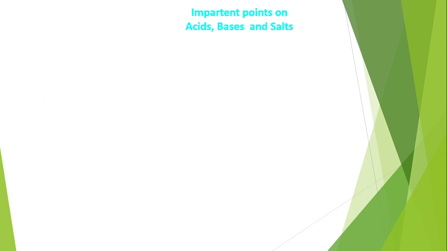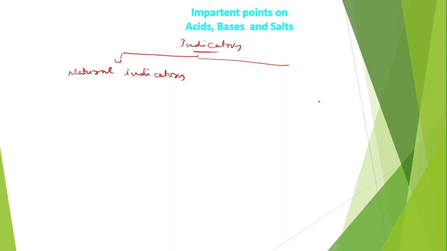Now some important points again we will discuss on indicators. Indicators again are of two types. One is natural indicators and the other is synthetic indicators.